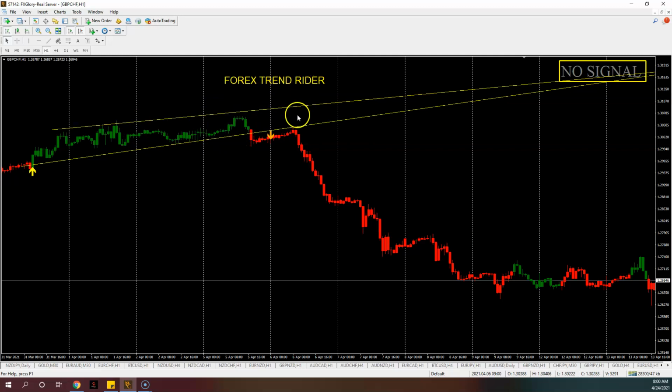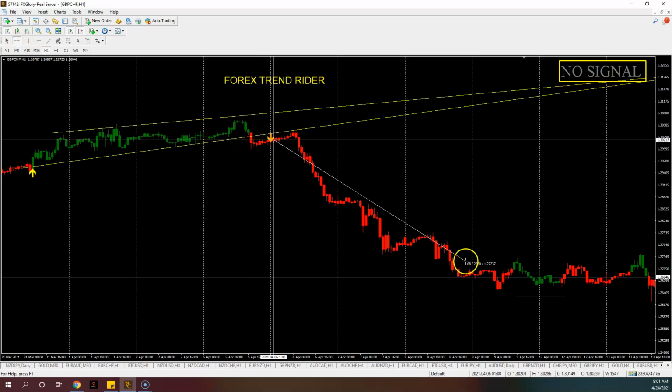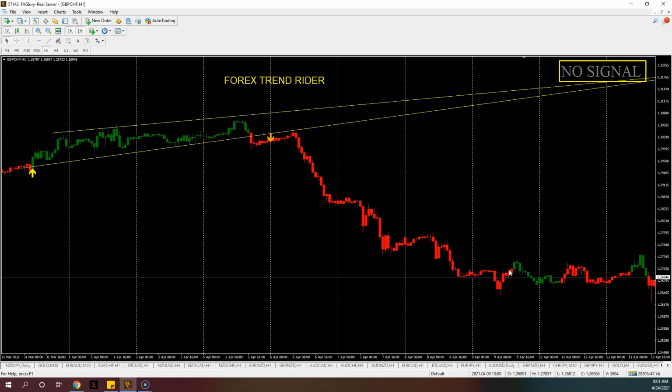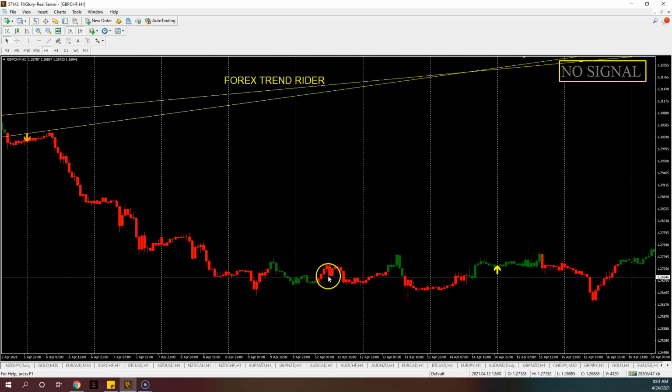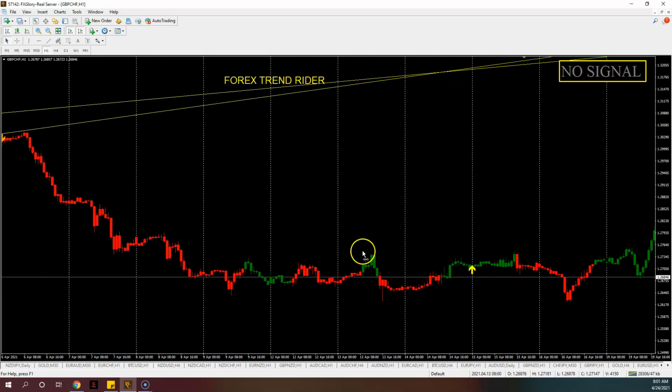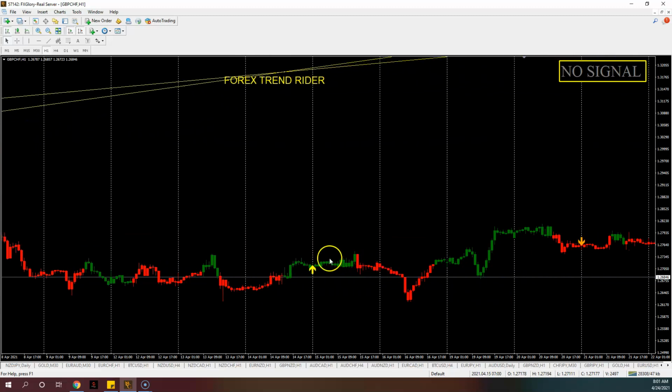So Trend Rider will recognize this trend line break, generates a sell signal, and from April 6th all the way till April 9th, so 3 days, down Swiss, strong downtrend, 319 pips.